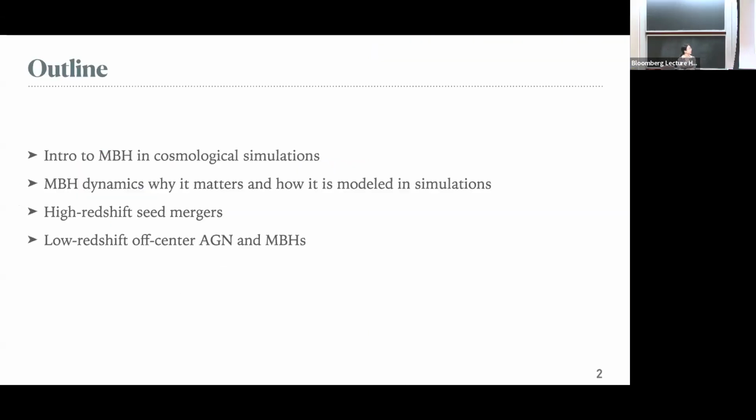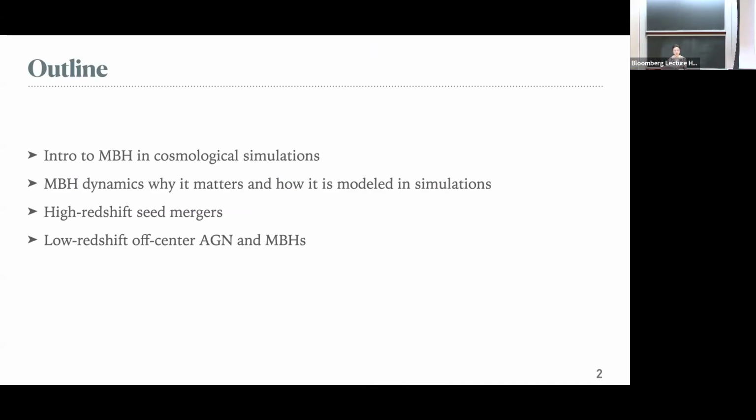So here is a brief outline of what I will be talking about. First, I will give a brief general introduction of the modeling of massive black holes in cosmological simulations, since not a lot of people work on cosmological simulation here. And then I'll focus specifically on the black hole dynamics, and I'll talk about why we should care about correctly modeling them in the simulations and how it is currently modeled and the current progress in the field.